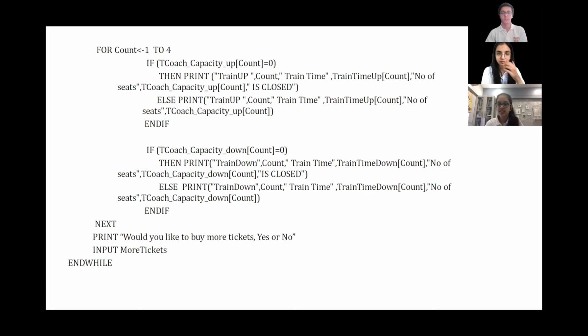Finally, after these calculations have been made, the screen display is updated. So the for loop checks that the departure trains have a capacity to take more passengers. The loop begins with checking whether the capacity for each departure train is equal to 0.